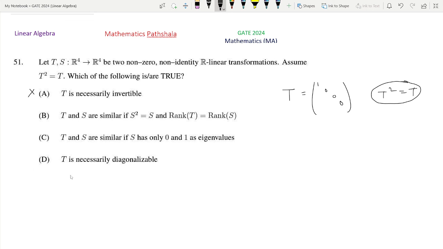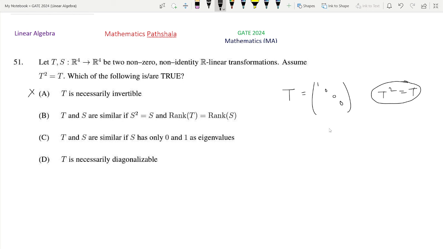Come to option D. T is necessarily diagonalizable. Actually, we know that every idempotent operator is diagonalizable because this is very easy to prove. There are some if and only if statements for diagonalizability of a linear operator. One of them is that a linear operator T is diagonalizable if and only if its minimal polynomial is a product of distinct linear factors.